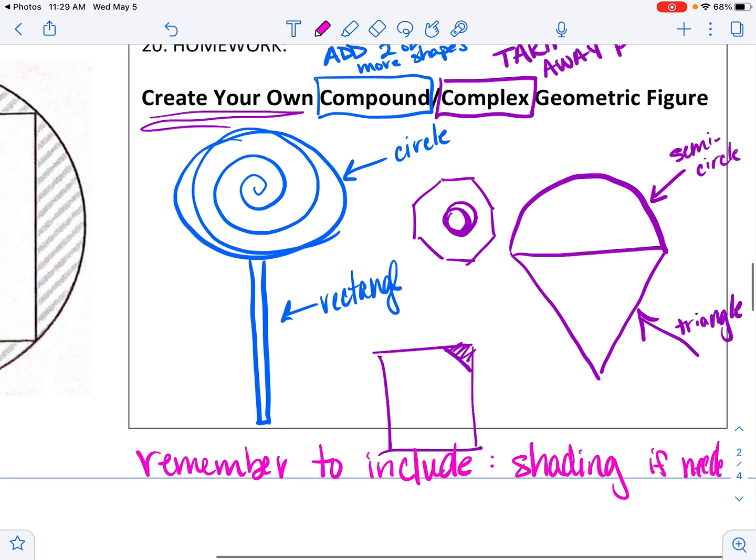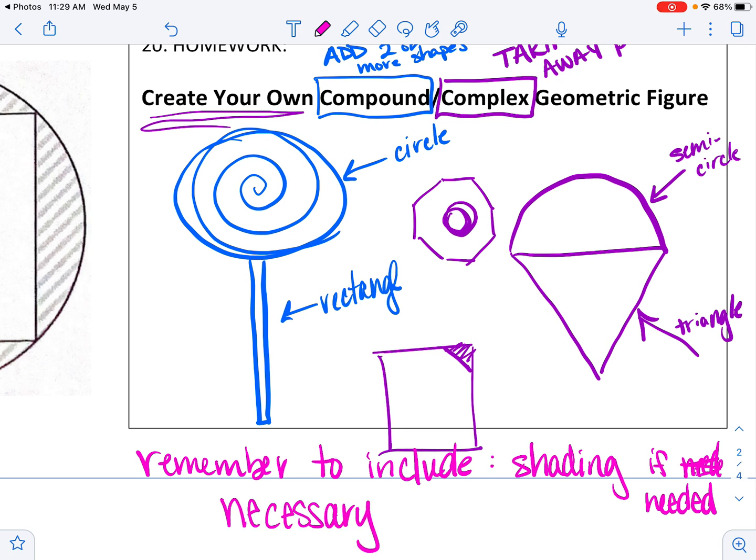You also need to make sure you include all the necessary dimensions.